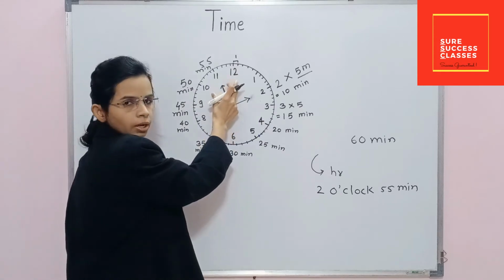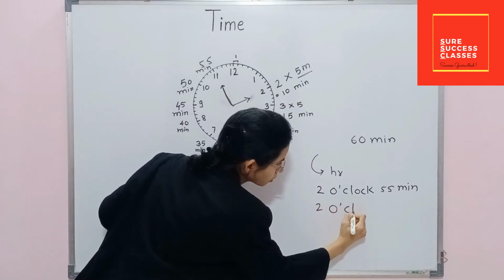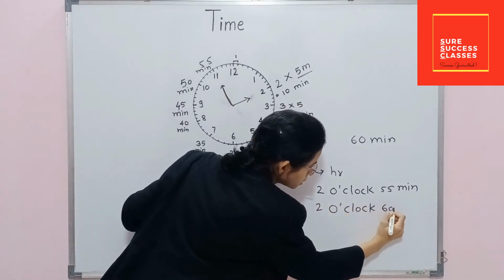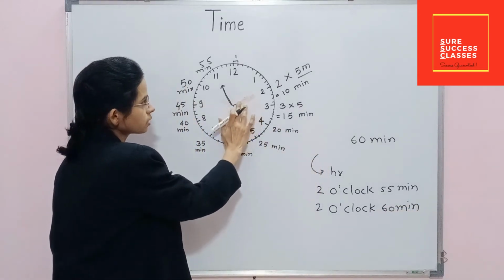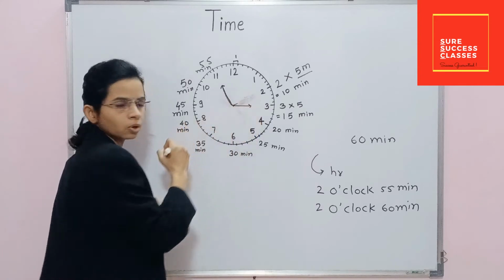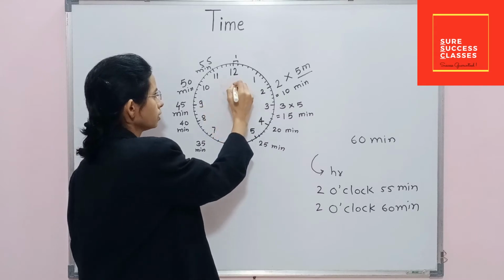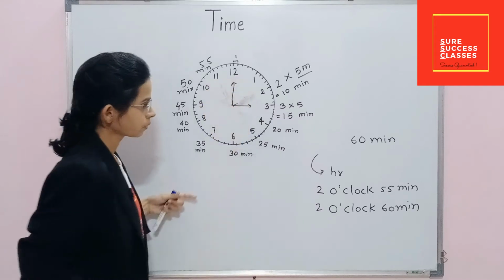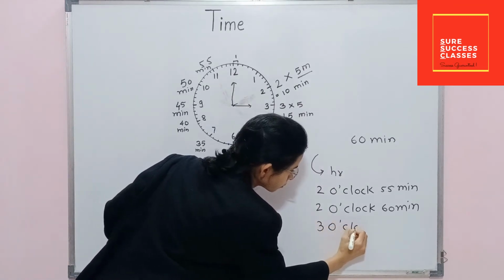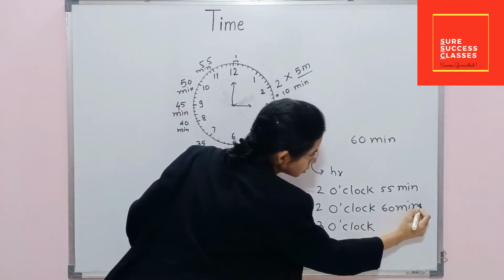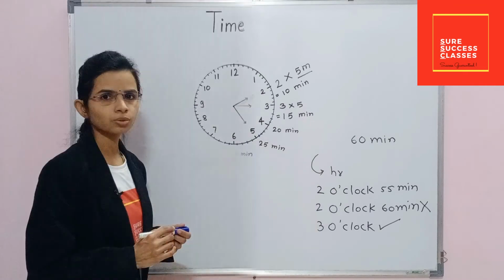Here when it comes at 12, we can't write the time as 2 o'clock and 60 minutes. Here the hour hand changes its position. It will come on the number 3 and the minute hand will appear here. So it will be 3 o'clock. So this is wrong and we tell the time as 3 o'clock.